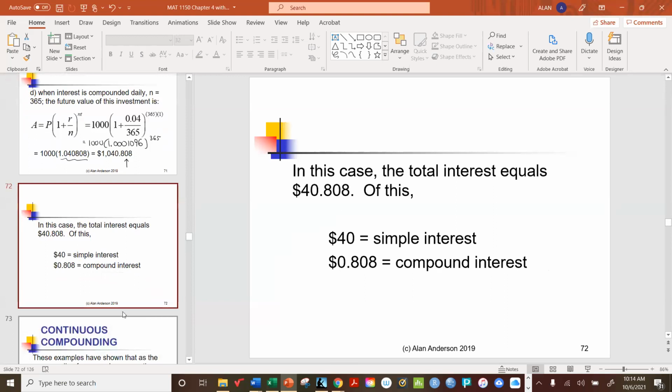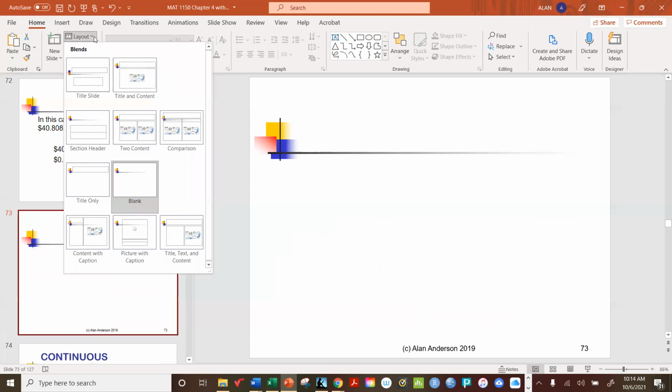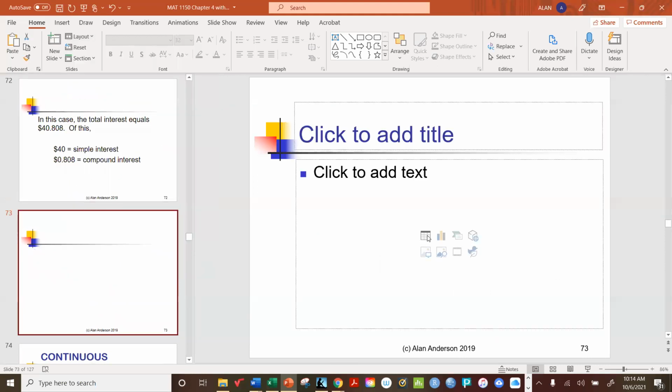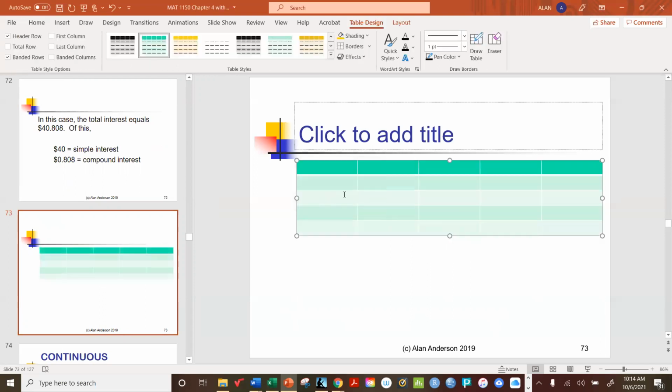Okay, now what I'd like to do is put together a little chart here so you can see it all together in one place. Let's see. How many columns do I need? Let's start here. Now, this is one of the freaky things about PowerPoint. When you ask for a table, look what it assumes that you want.